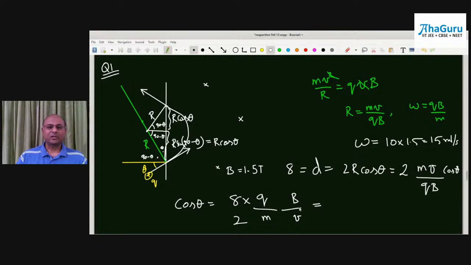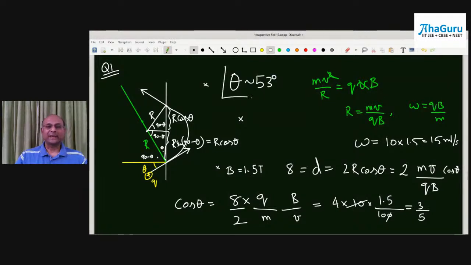I can just substitute all the values. 8 by 2, of course, is 4. Q by M is 10. B is 1.5. And velocity V is 100 meters per second. And so that basically tells us this is 4 into 1.5, 6 by 10, which is 3 by 5. Well, if cos theta is 3 by 5, sin theta is 4 by 5, and theta must be 53 degrees. So theta is approximately 53 degrees.